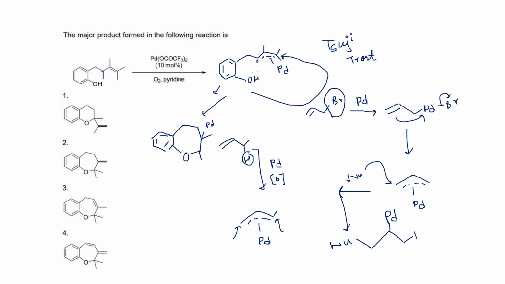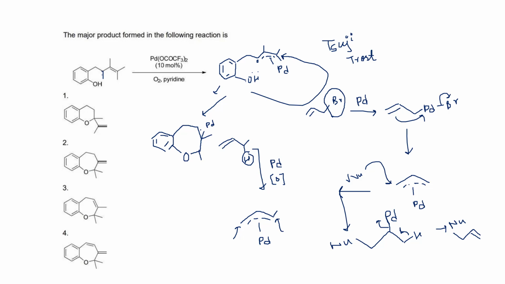Then it will get eliminated, forming this type of allylic bond with the nucleophile. So a similar case will happen in this case. So palladium will be at this place.